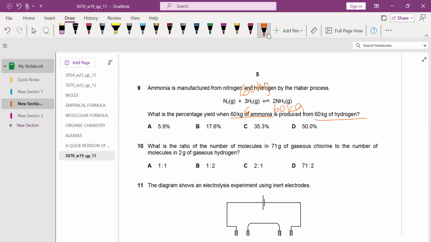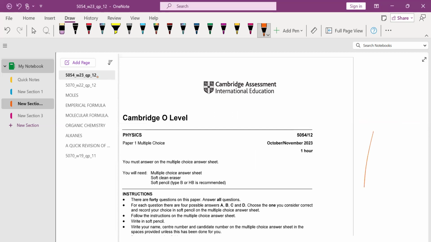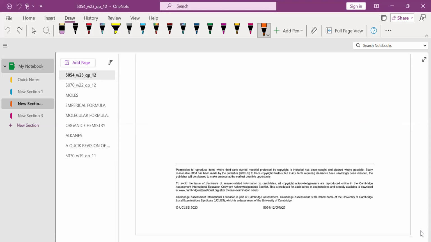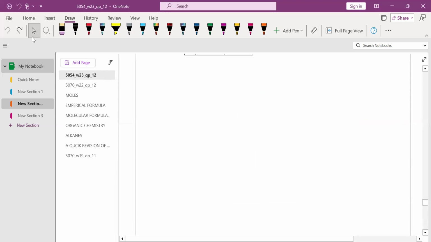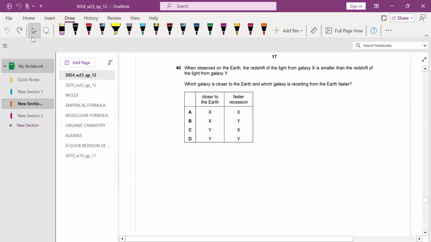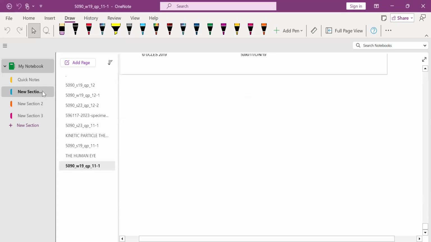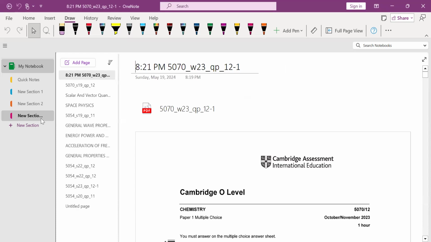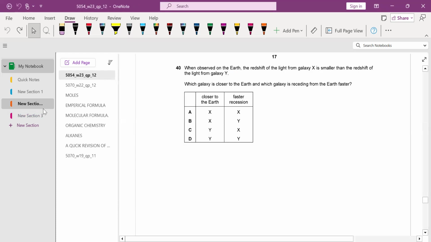let me open the periodic table here. From the periodic table, you will see the mass of ammonia.